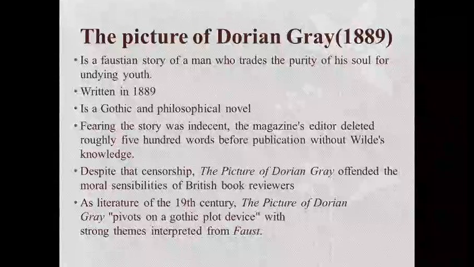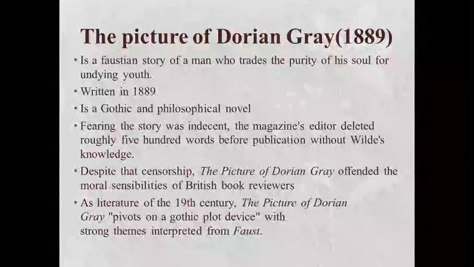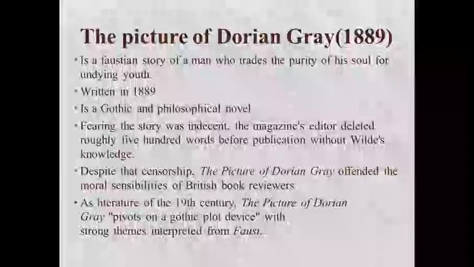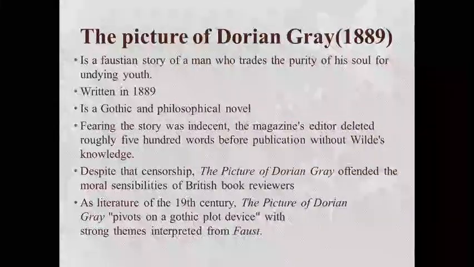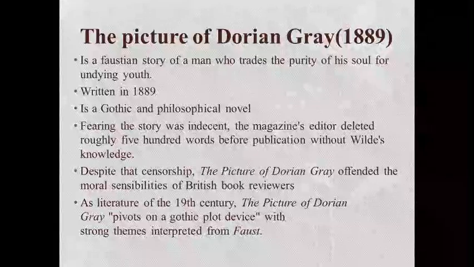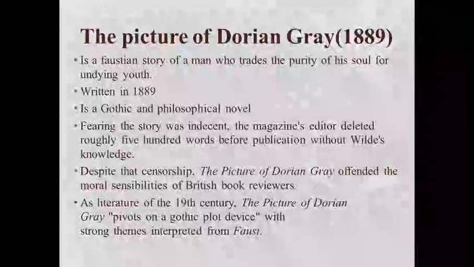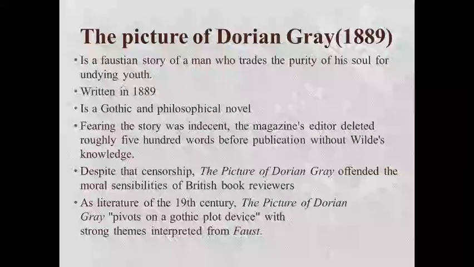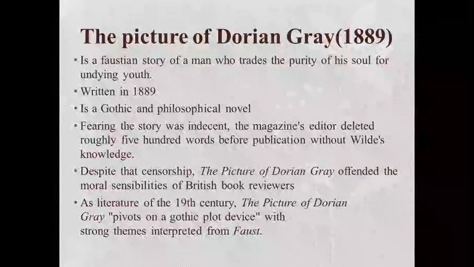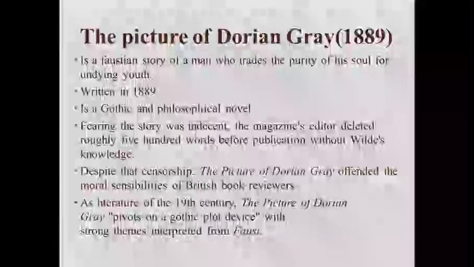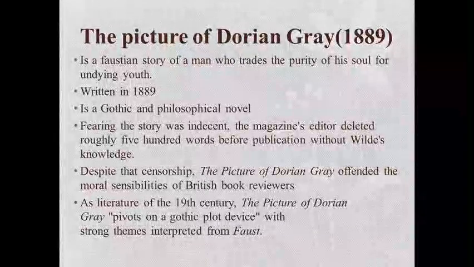character, Dorian Gray. Dorian Gray was a young man, and he was so beautiful with his appearance and also his character. But he has some influencers like Lord Henry, who was symbolizing the devil. And he also had another relationship with Basil, who was a famous artist in that period, and he drew Dorian Gray's picture because he just fell in love with this man.